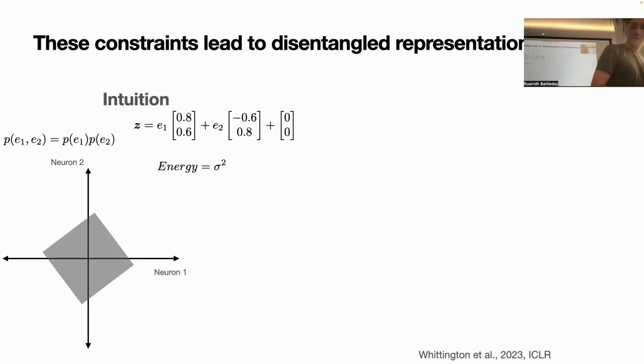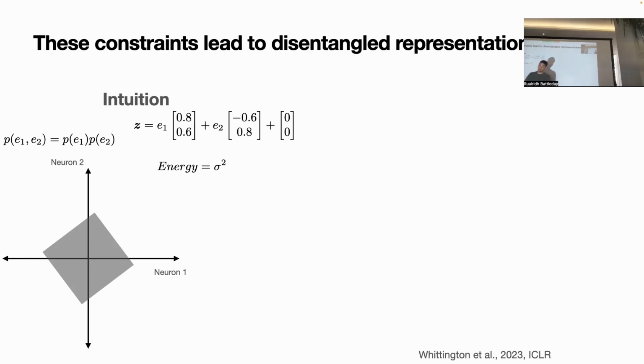I'm now going to try to offer some intuition that these constraints lead to disentangled representations. What I'm showing here is two neurons, and these two neurons are trying to represent this distribution, which is described by two independent random variables, E1 and E2.